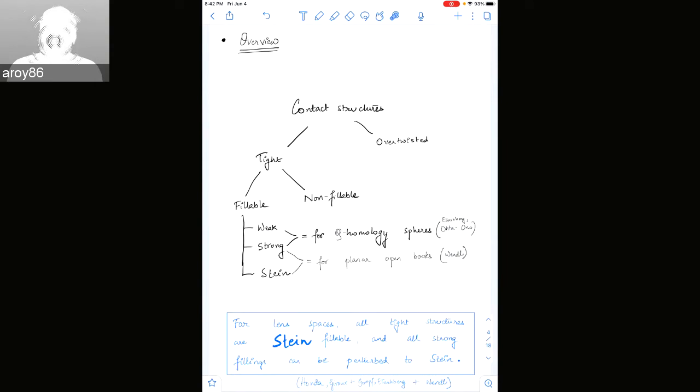So all tight structures are Stein fillable, and all strong fillings can be perturbed to Stein fillings. This follows from the classification by Honda and Giroux, then results by Gompf and Eliashberg characterizing Stein domains, and then Wendl's work on perturbing strong fillings to Stein ones.